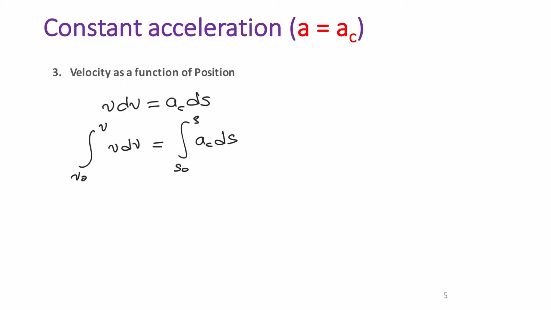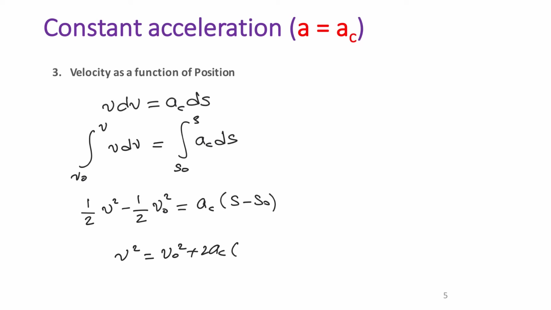Now, if we do the integration, we are going to get 1 over 2 v squared minus 1 over 2 v0 squared, which is equal to a_c multiplied by s minus s0, which again is a familiar equation: v squared equals v0 squared plus 2 a_c multiplied by s minus s0.